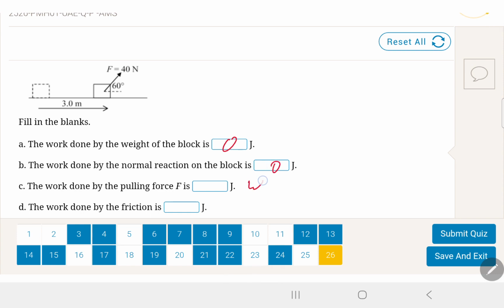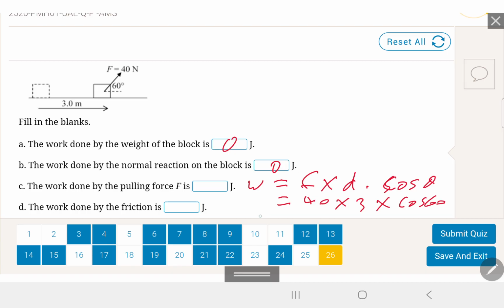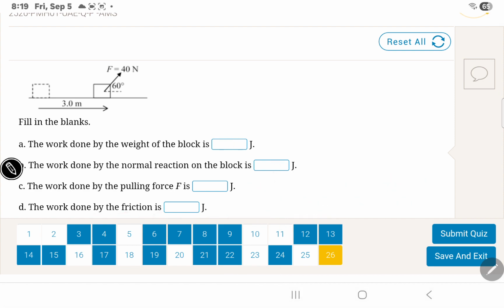Here work is equal to F d cosine theta, which means 40 times 3 times cosine 60. For friction, work is equal to negative F times d because it's opposite to the motion. So negative 10, the frictional force, times distance 3, gives negative 30. Like this, we have finished the test.